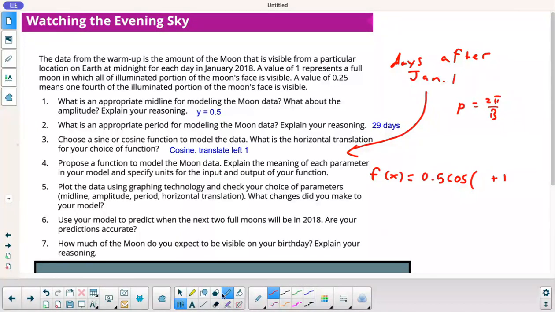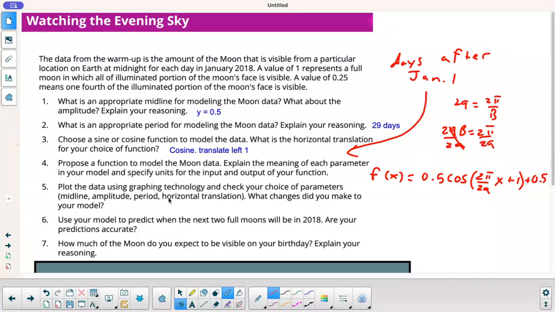We know the period is 29, so I'm going to plug in 29. If I cross multiply, I get 29b equals 2 pi, and then divide by 29 to get b. So my b is 2 pi over 29. I'm going to write it as 2 pi over 29 times (x plus 1), plus 0.5 because I had to shift it up.